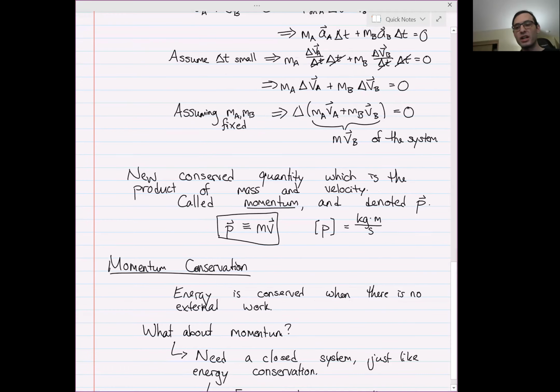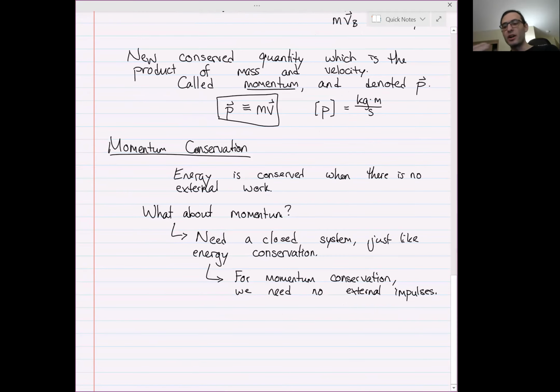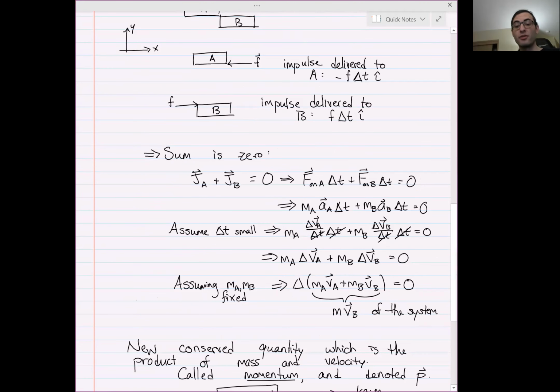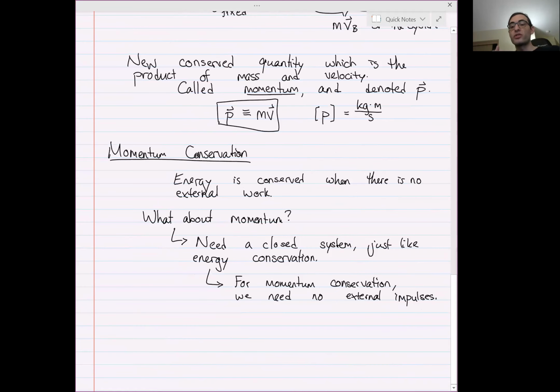So the idea here is just like when we talked about energy, anything that wasn't part of the system that was creating more of this stuff, in the case of energy, more work, would affect energy conservation. In this case, when we're talking about momentum conservation, which we got by setting the sum of impulses to 0, we would find that if there's an external source of impulse, if there's an external force applied over a duration to the system, that would break momentum conservation.